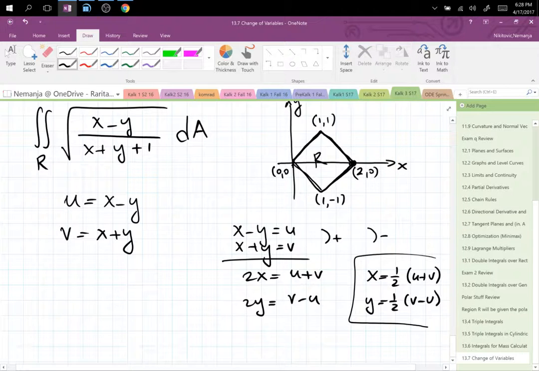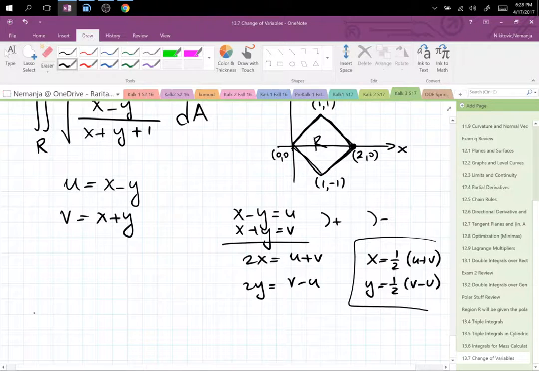So now the transformation. We have the point 1, 1, which is an x and a y. Plug 1, 1 into u and you get 0.